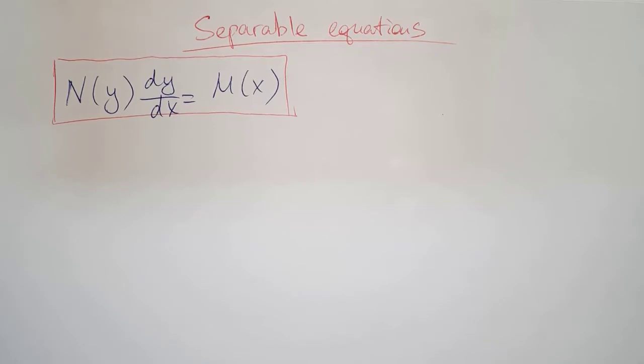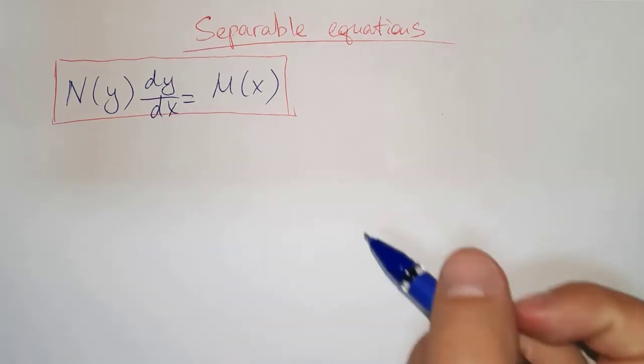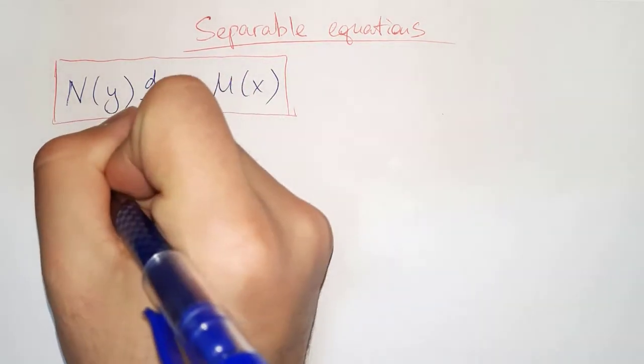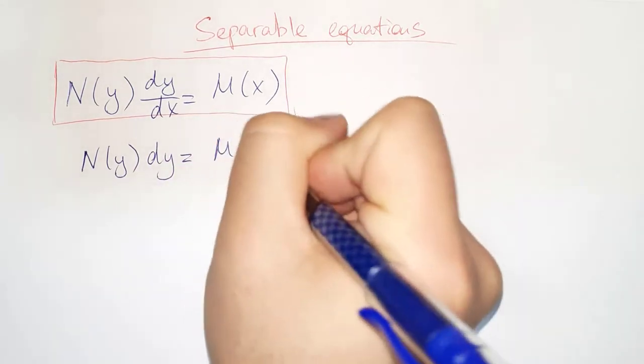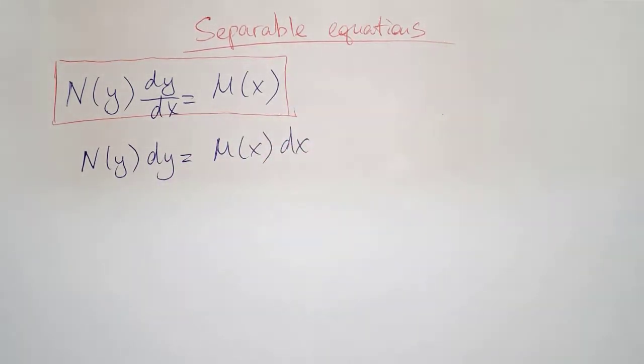Here, of course, these two functions are continuous functions, and we know how to integrate them. So we can multiply both sides of our equation by dx, and we'll get n(y) dy equals m(x) dx.